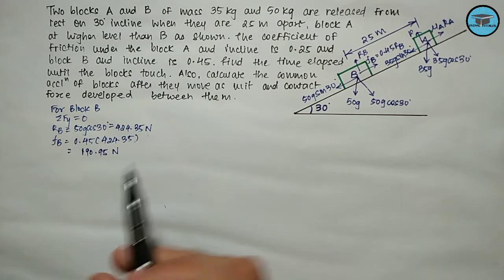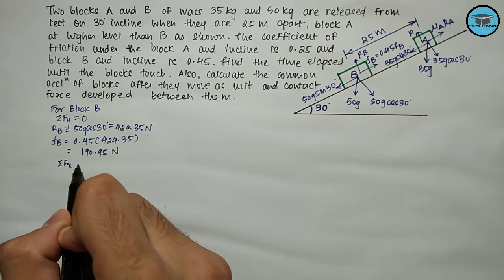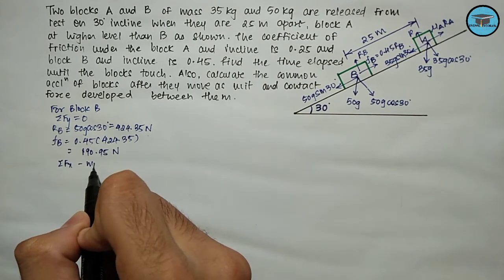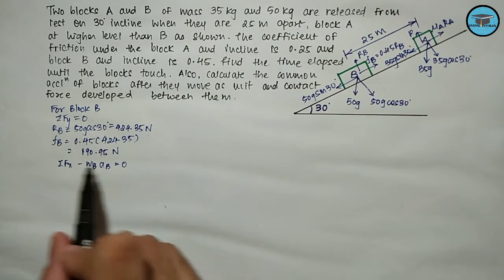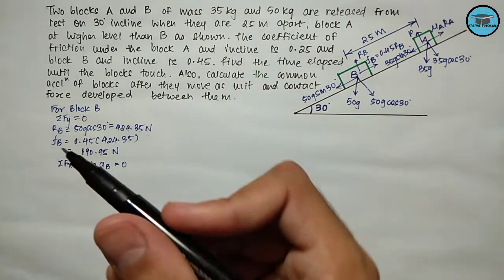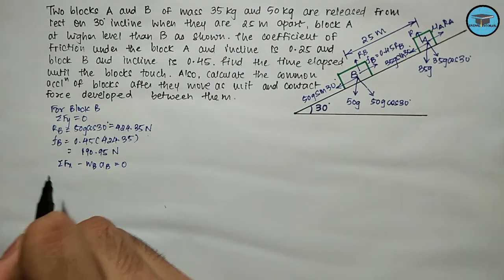Now taking the components in the x direction, sigma Fx minus mB times acceleration of B equals 0. We are applying D'Alembert's principle in the x direction, so the forces in the direction of the motion we consider as positive.